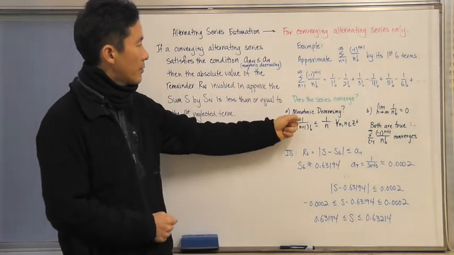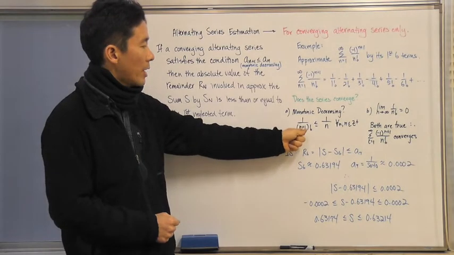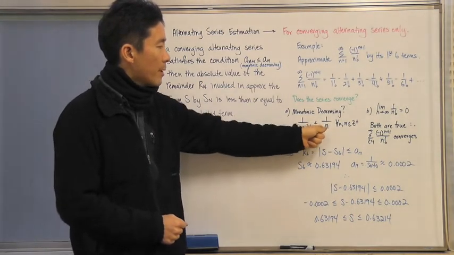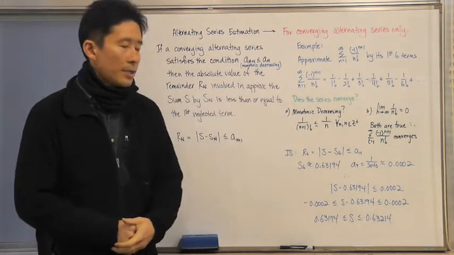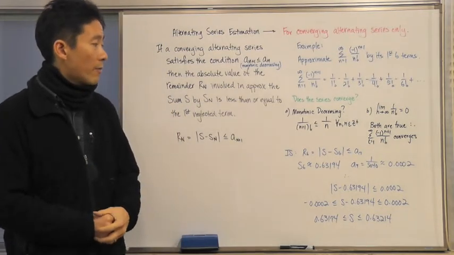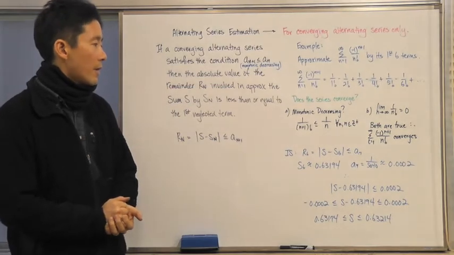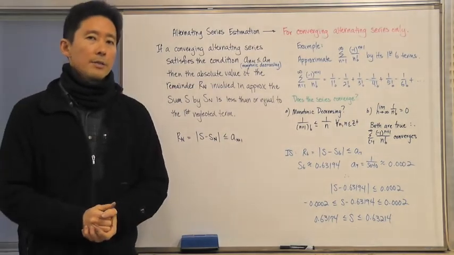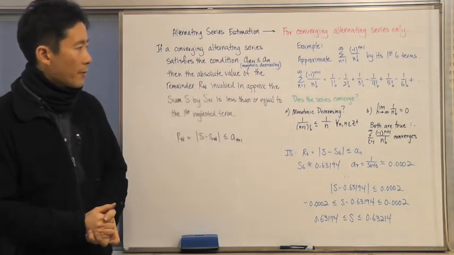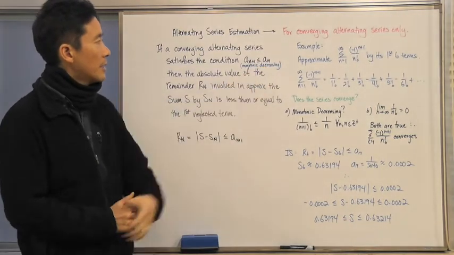In this case, if we take a look at 1 over n plus 1 factorial and compare that to 1 over n factorial, then sure enough, we know that 1 over n plus 1 factorial is always going to be less than or equal to 1 over n factorial for all n being a positive integer. So the first condition that we need is fine.